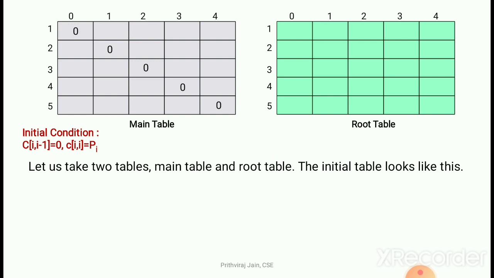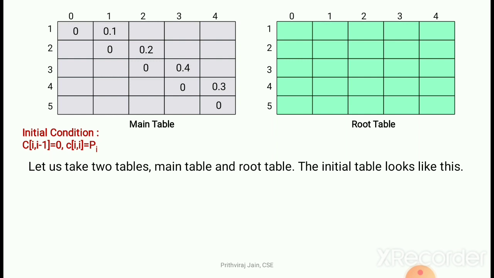Now C of i comma i, for example, if I take i as 1, C of 1 comma 1 is 0.1. That is the frequency of the first node. Then C of 2 comma 2 is 0.2, C of 3 comma 3 is 0.4, C of 4 comma 4 is 0.3.